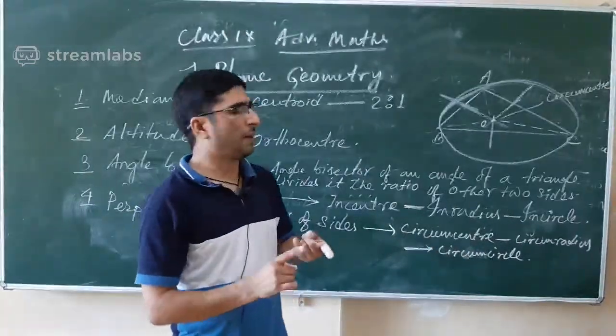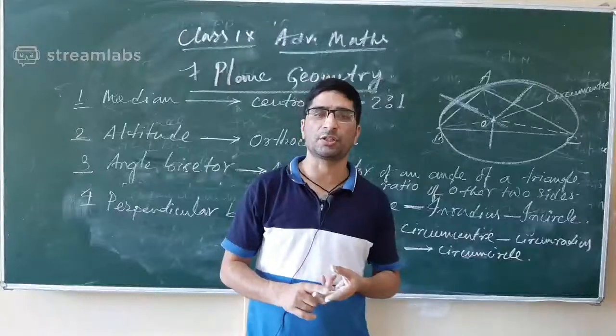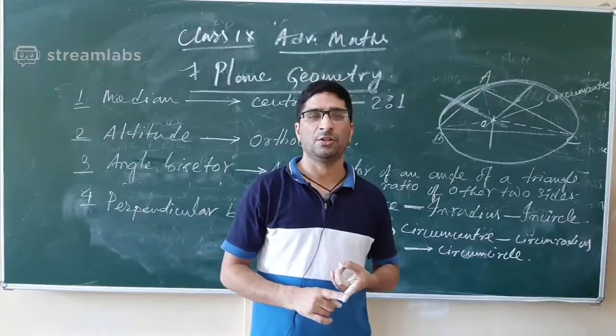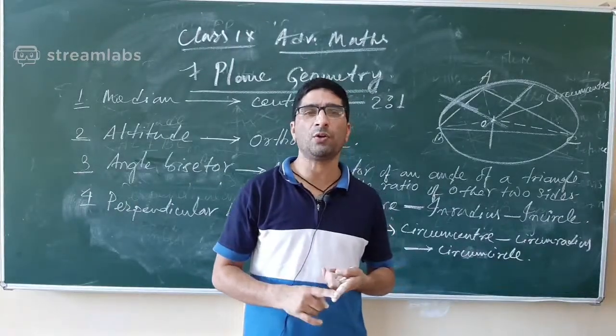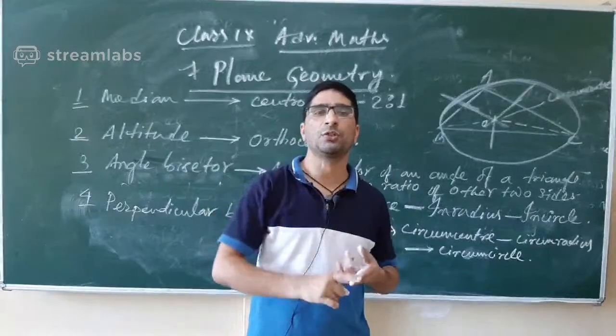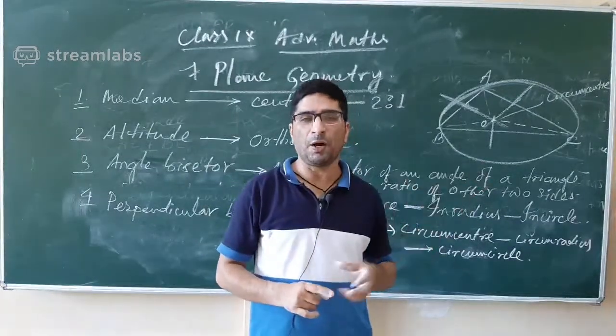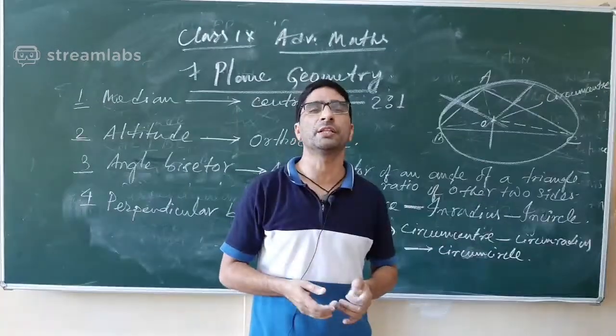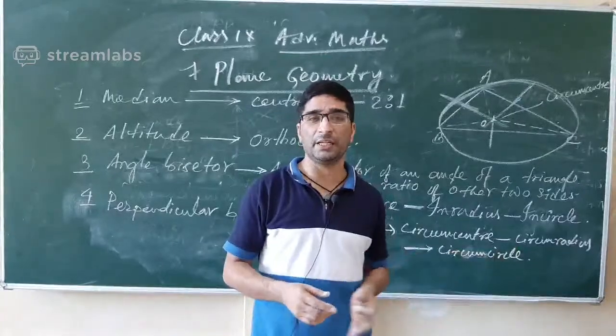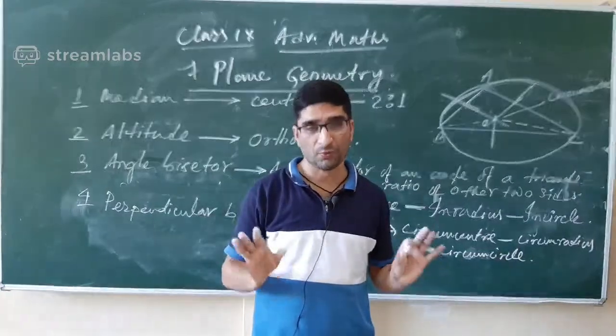Meeting point of perpendicular bisectors of side is called circumcenter, and taking circumcenter we can draw a circle which will pass through the 3 vertices, known as circumcircle, and the radius is circumradius. Completed.